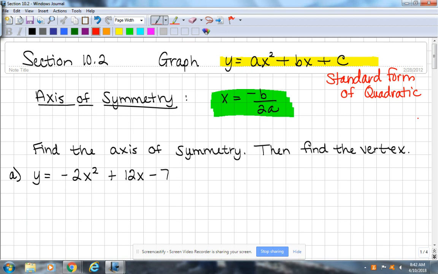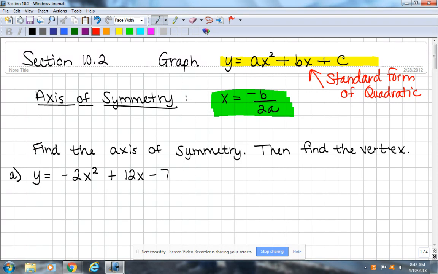You'll be seeing that a lot throughout this chapter. A, b, and c are just numbers, your coefficients. Sometimes we call c the constant term because it doesn't have a variable.